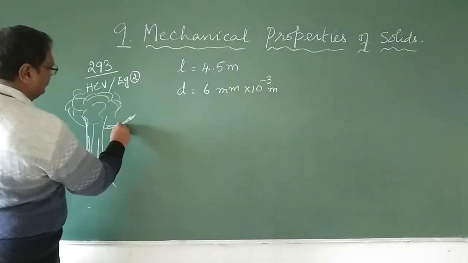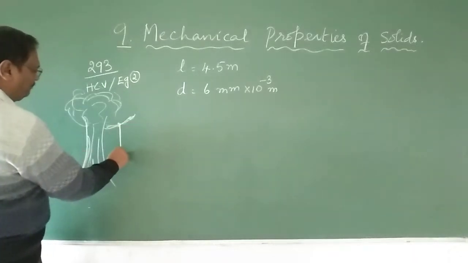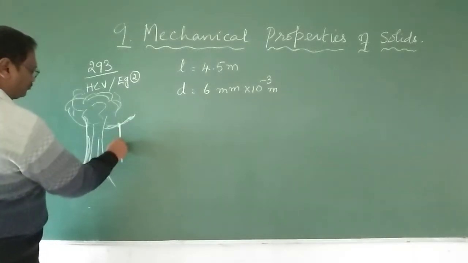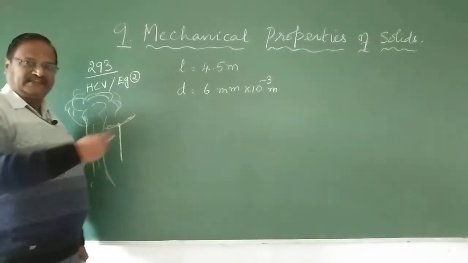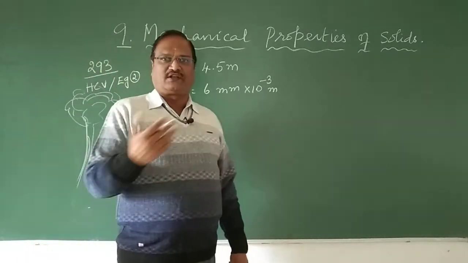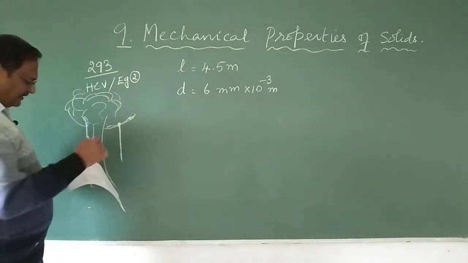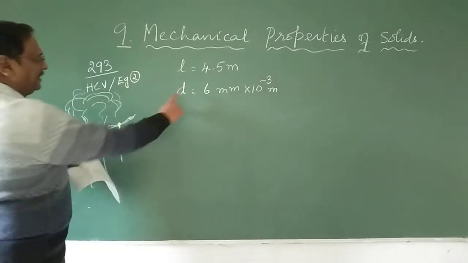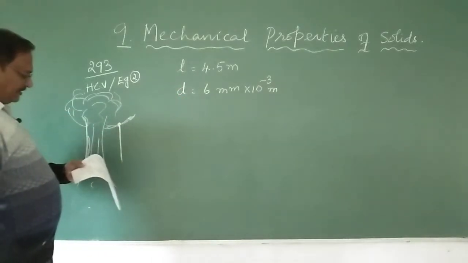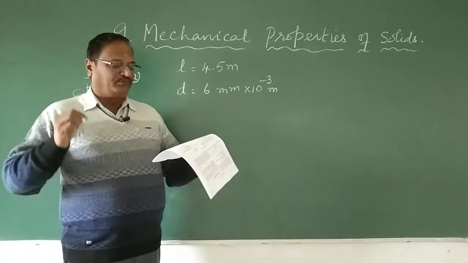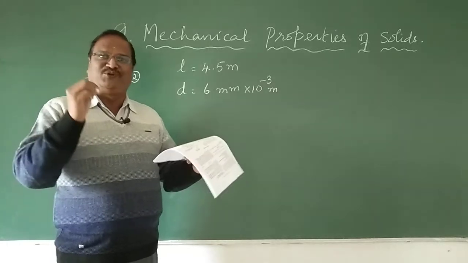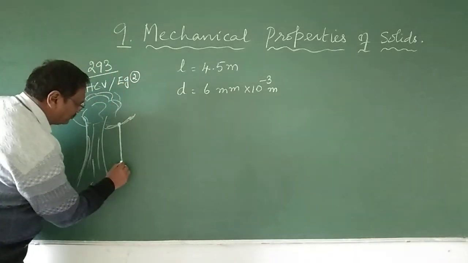In this, this nylon rope has been fixed. You know, like a swing, it has been fixed here. Length is given, diameter is given. A monkey weighing 100 Newton. Here comes the question.